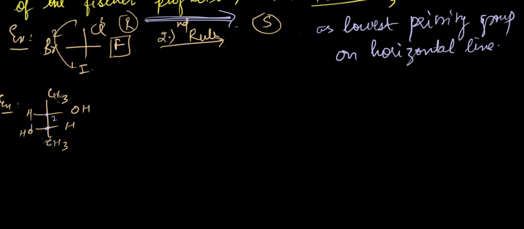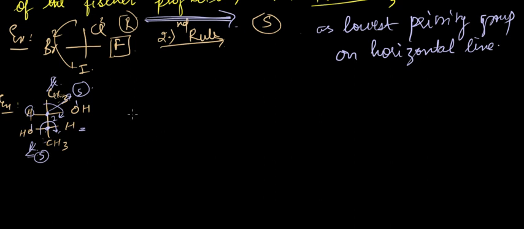Because this is just CH3, and on this carbon we can have O, and here we can only find H. So it is R, but as you can see the lowest priority is on the horizontal line, hence the configuration of this carbon is S. Similarly on this carbon the highest priority is this, second priority is this. So this is R, but as you can see the lowest priority group, which is H, is on the horizontal line, hence the configuration of this carbon becomes S.